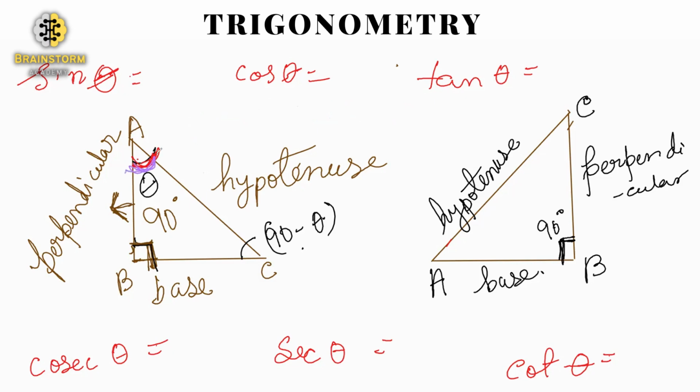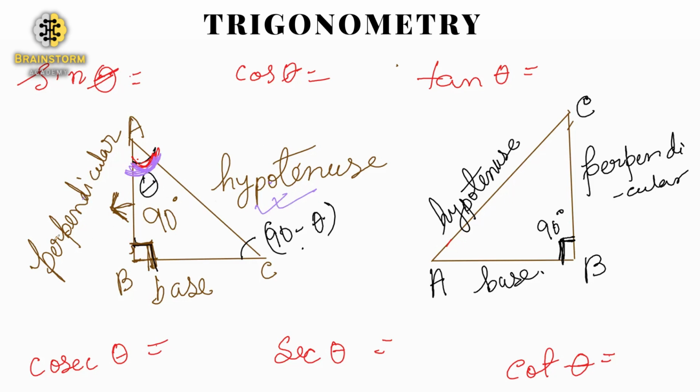Now, let's come to the recognition of the base and perpendicular. If I take this to be theta, then always remember, my hypotenuse is this, because it cannot be changed.